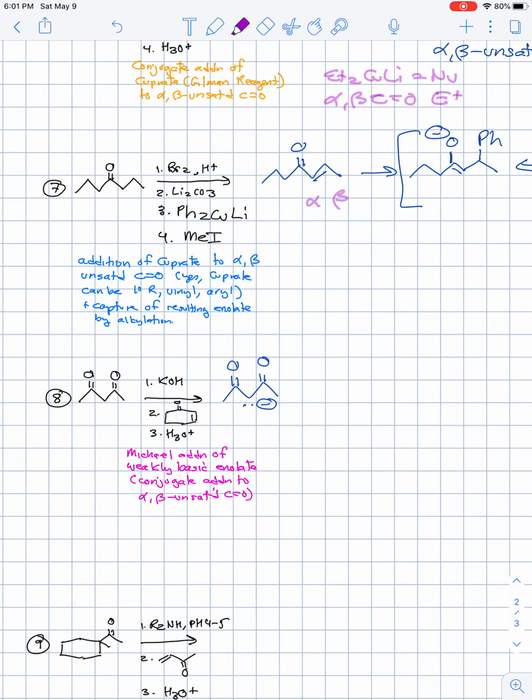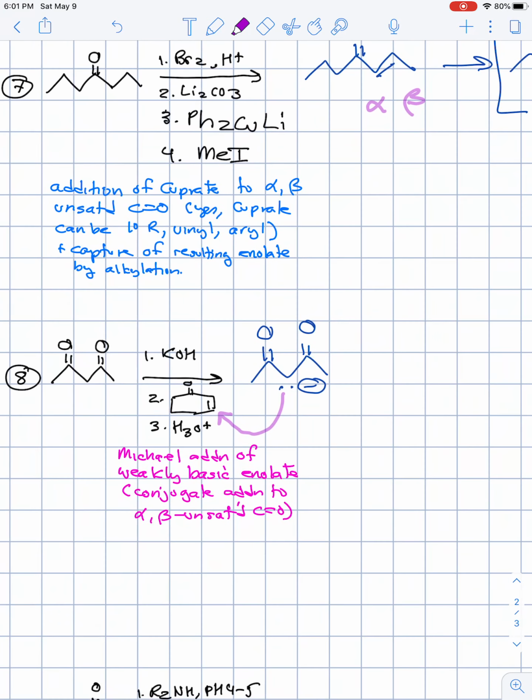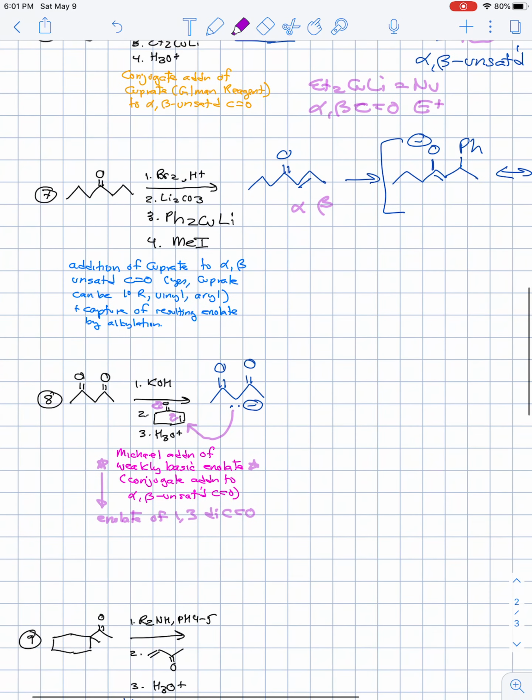And then what's going to happen is this great big thing is going to do a conjugate addition, because this particular enolate is a weakly basic enolate. And that works because it is the enolate of a 1,3 dicarbonyl. A regular enolate would just add directly to the carbonyl because that would be a stronger base.